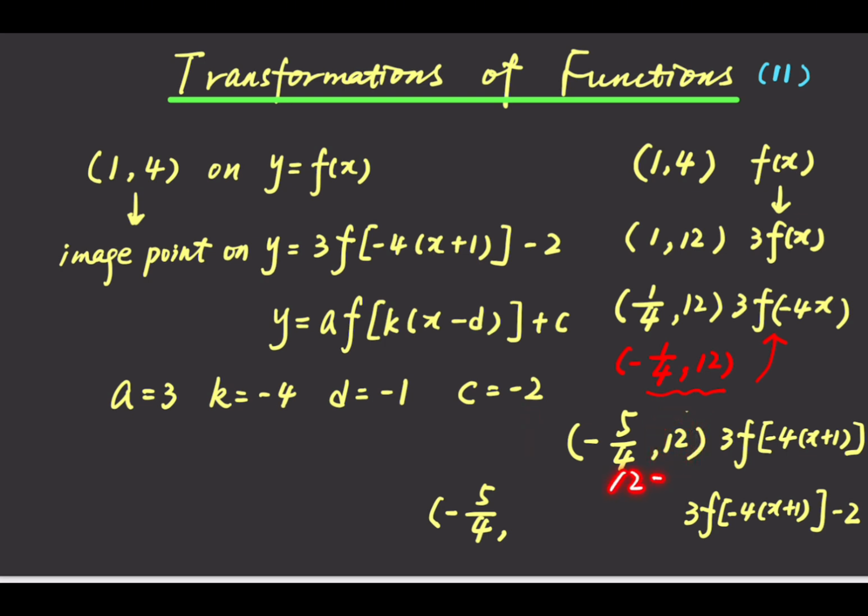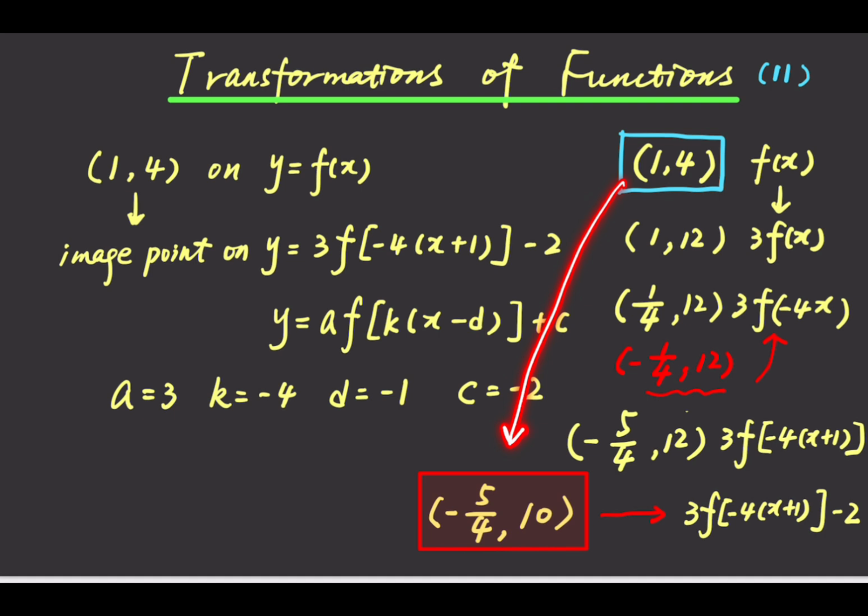So 12 minus 2 should be 10. So these points should be the image points of the original point on the original function. This is the transformed function, and this point's image should be this point.